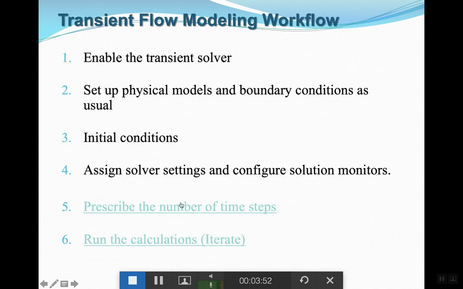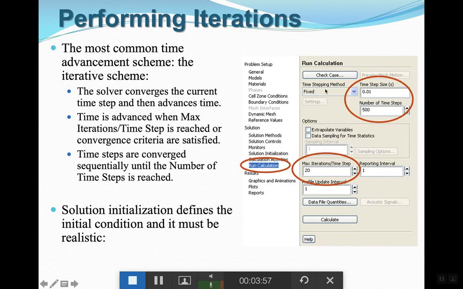After deciding your time step, we will go to the run calculation section. So now we have decided on our time stepping method. We will keep it fixed. We have defined our time step size. We have defined how many time steps we want to perform the simulation for. But before starting the simulation, we also have to take care of something else, which is called maximum iterations per time step.